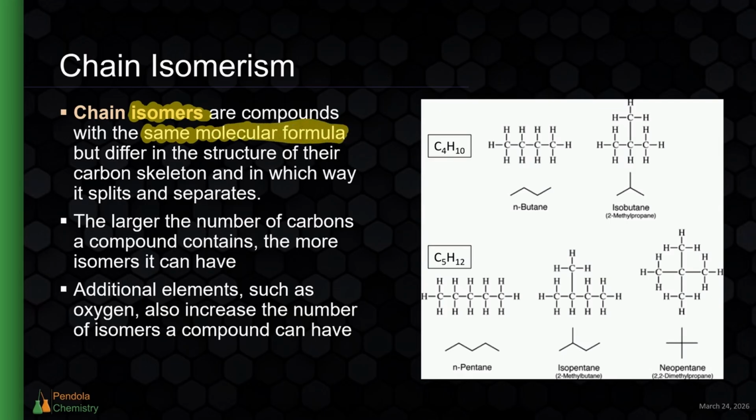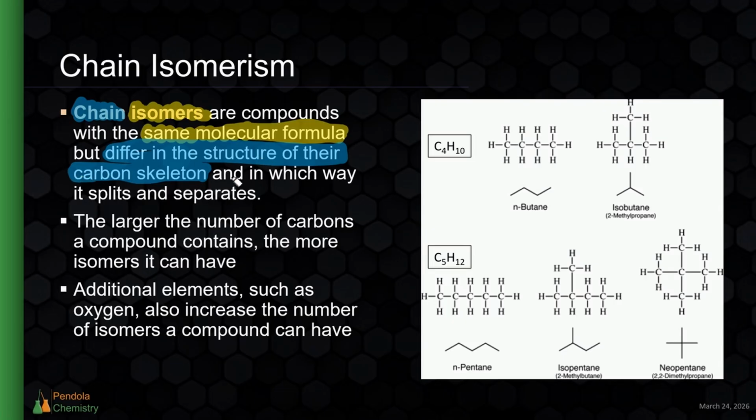But chain isomers, the chain part is where they are different. A chain isomer differs in the structure of their carbon backbone, in the structure of the carbon skeleton, and in which way it splits and separates.